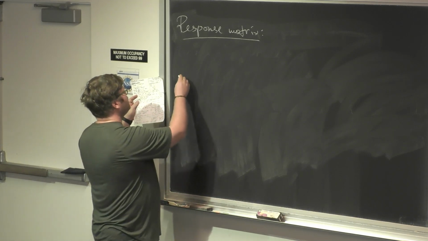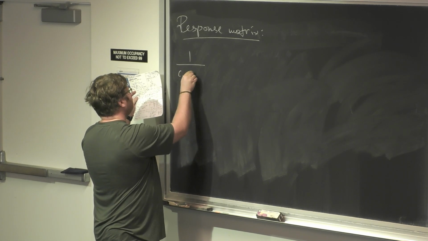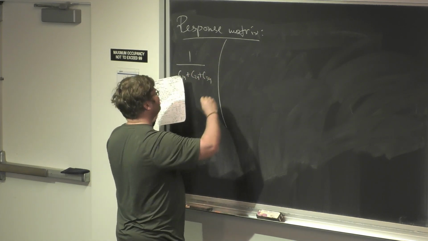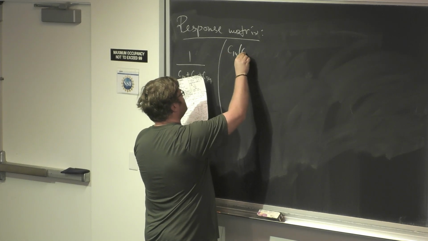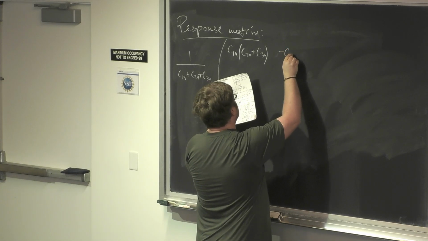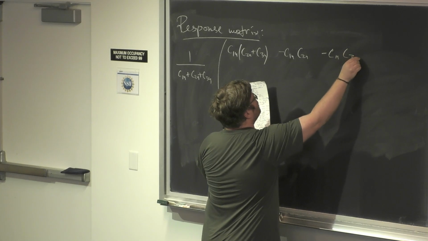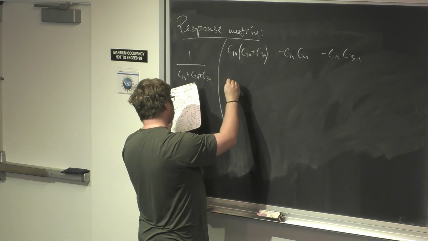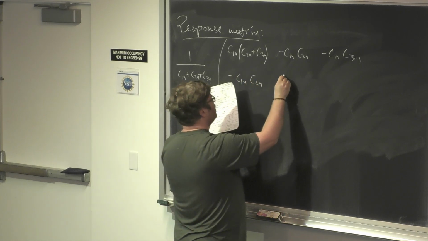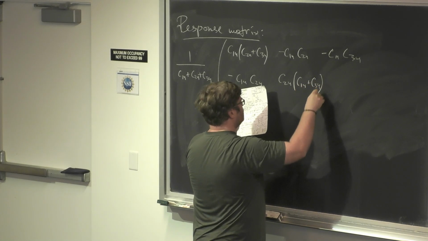But to summarize, the matrix looks like this: 1 over C14 plus C24 plus C34, and then times something like this: C24 plus C34, C14, C24. It has to be a symmetric matrix. C14, C24, C24, C34.